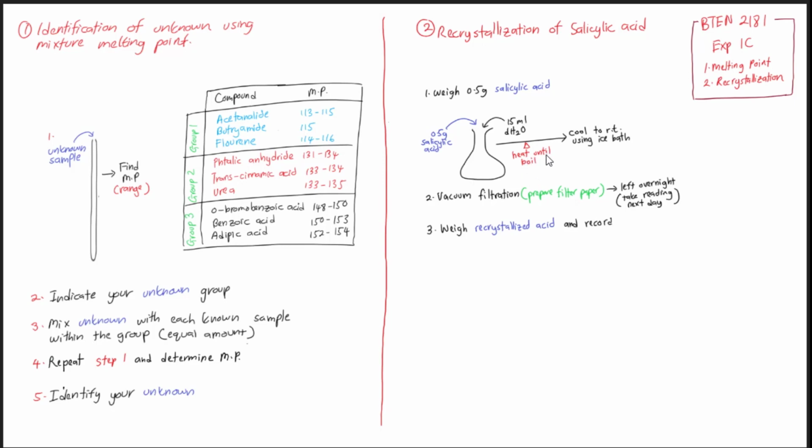It's not basically heat and boil. You just pour hot water onto the salicylic acid, and then cool it to room temperature. During the cooling, you will see that the salicylic acid, which dissolved at the hot temperature, will start to reappear. Then we filter it and we wait.